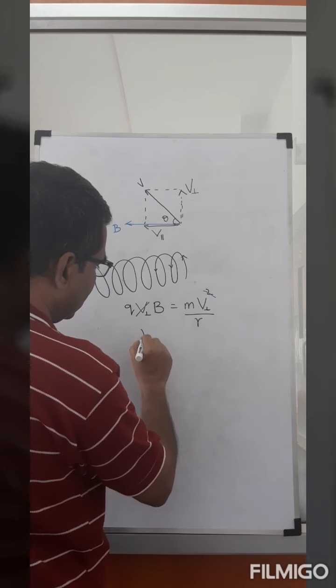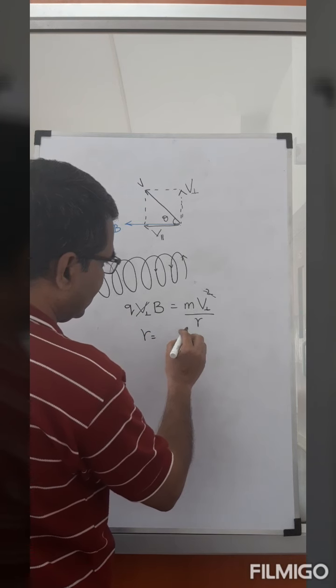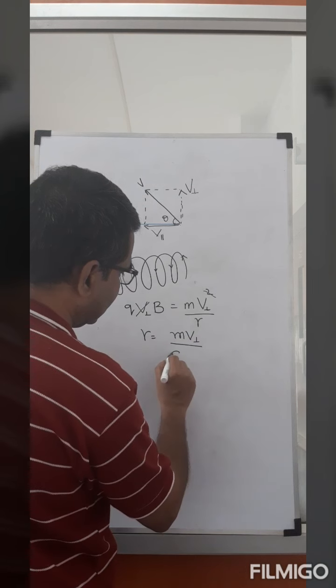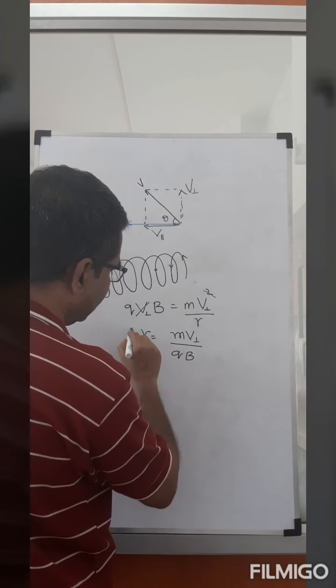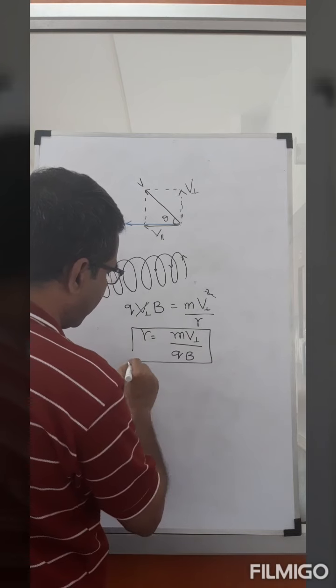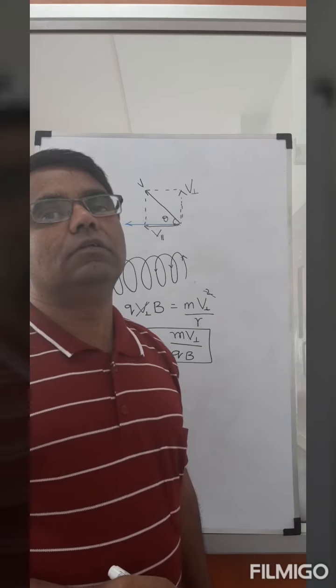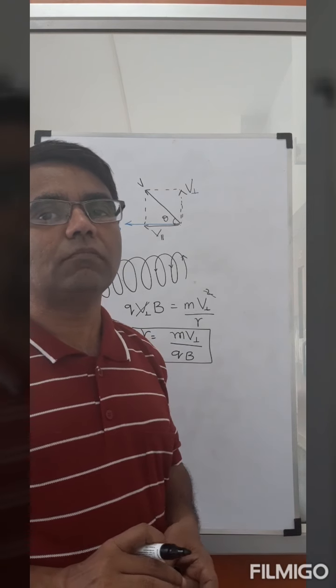So clearly R was equal to m v perpendicular by q B. So that was the radius. That is it.